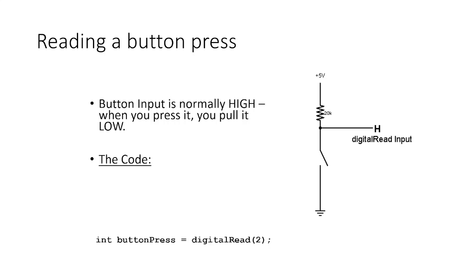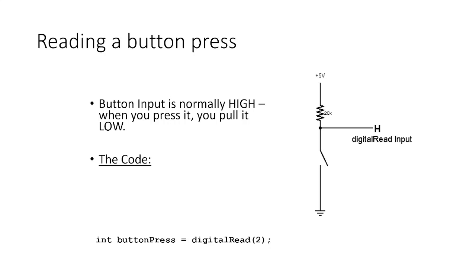So button input is normally high, and when you press it, you pull it low. Okay, these are okay. Button input is normally high until you press it, but not in all cases.